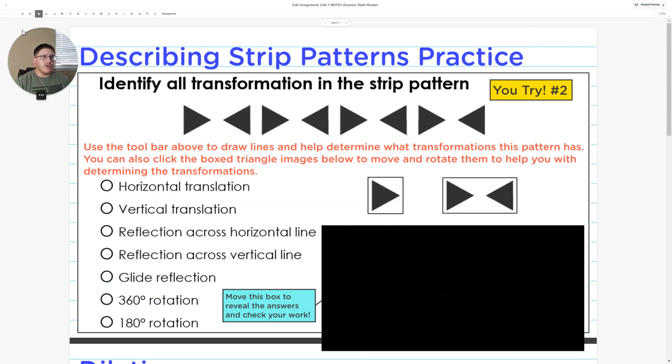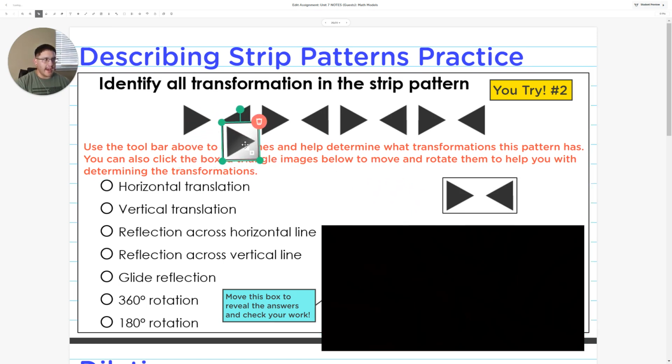Okay, so for your try number 2, I want y'all to try to identify all the transformations in this strip pattern. Okay, and I got a list of them right here for y'all to check. So if you're on ClassKick, you can click on these images. I've provided y'all 2. This first one right here is just one of the triangles. If you click on it, this little line will pop up, and then you can click and rotate.